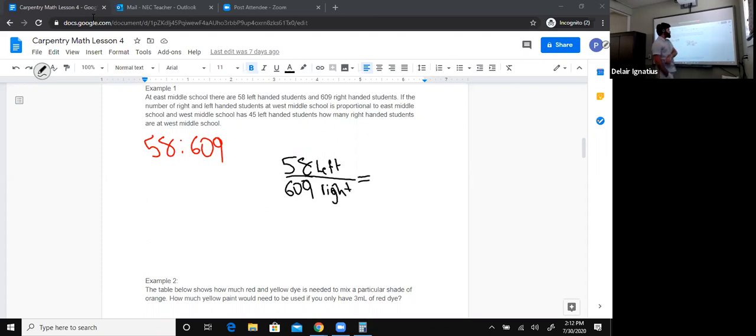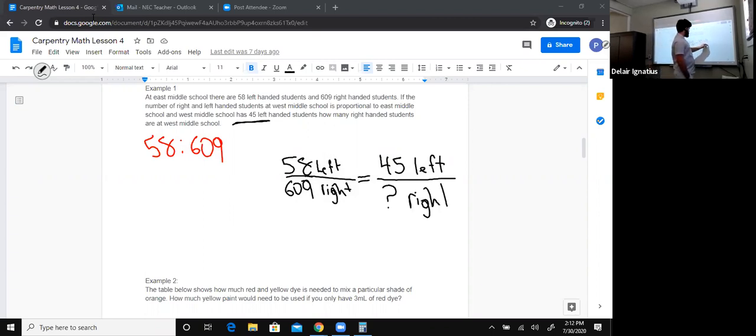This is equal to, or proportional to, those numbers at West Middle School, and at West Middle School we are told that 45 students are left-handed. Left-handed are on the top for East Middle School, so we're going to keep them on the top for West Middle School. So 45 students are left-handed, and some number of students we want to find out are right-handed. How do we do this?